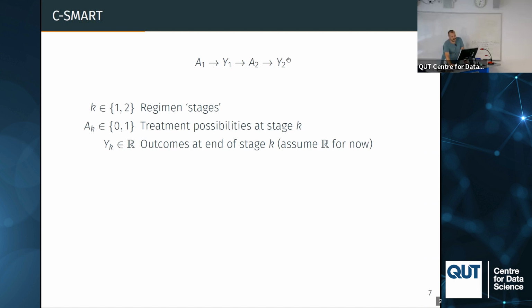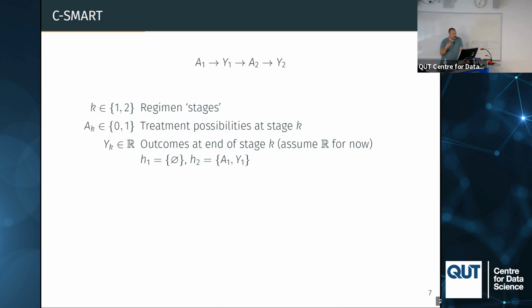So we have these intermediate endpoints between following each treatment in sequence. At this point, I'm just going to talk about the continuous outcomes, just because it's a bit easier to start off like that.